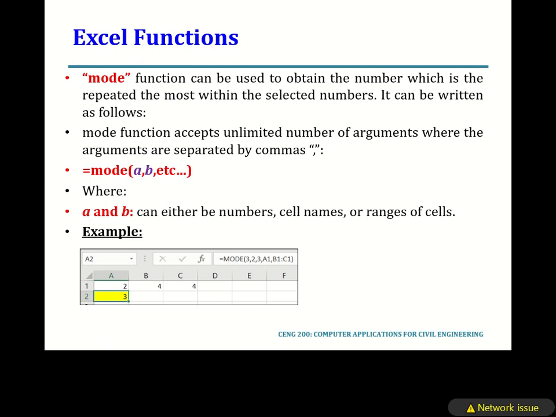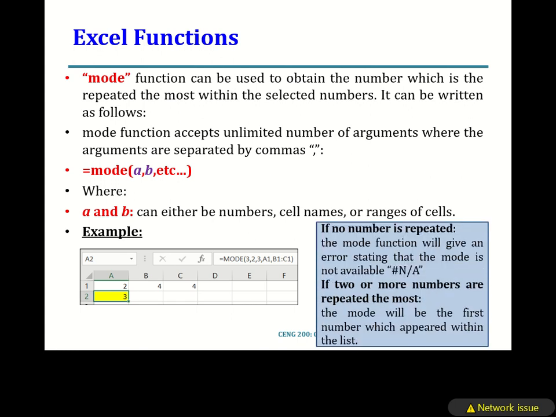And again, it can take an unlimited number of arguments. You can put unlimited numbers in the series. You can type the numbers yourself, select them from cells, select from a range, and so on and so forth.